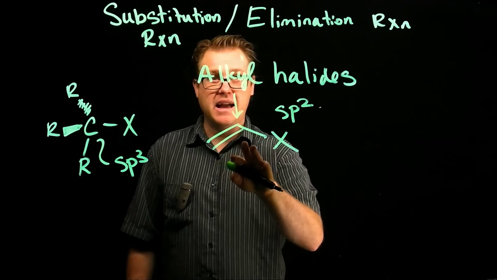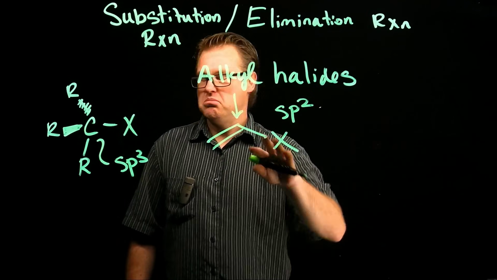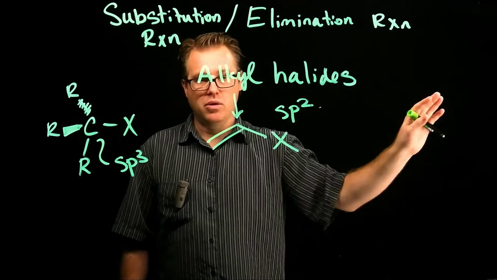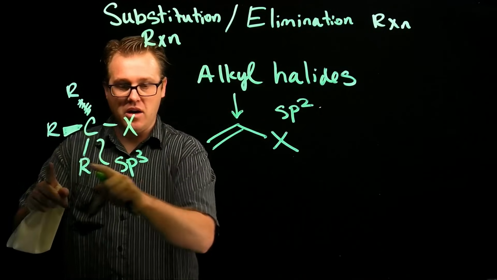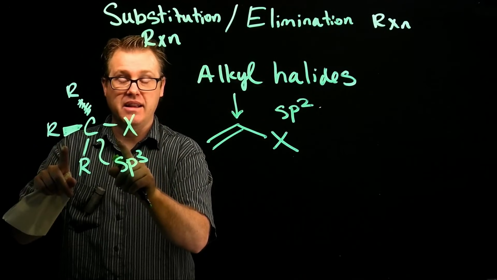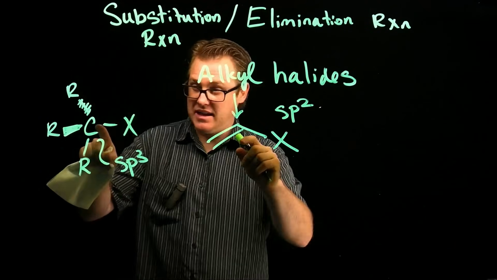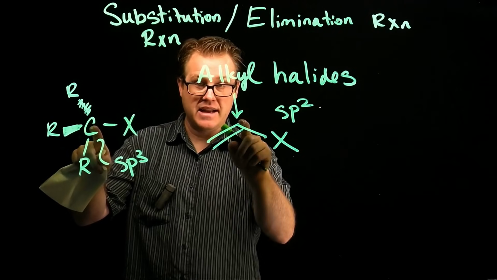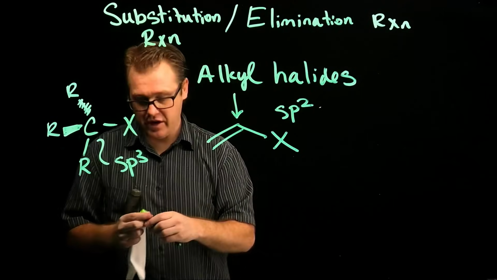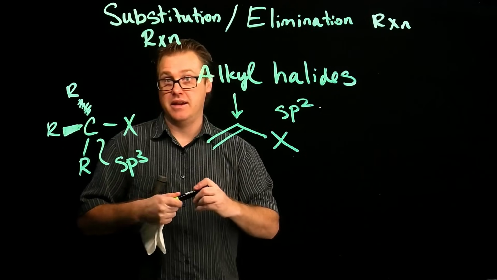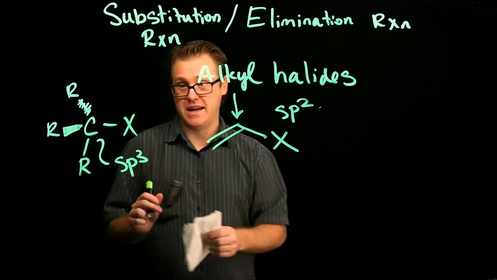We will talk about that in chapters way down the road. We want to focus on this type of alkyl halide. And so you have to understand, can you see the difference? How this is sp3 and that is sp2. If you don't, then it's a good idea to figure out the hybridization states.